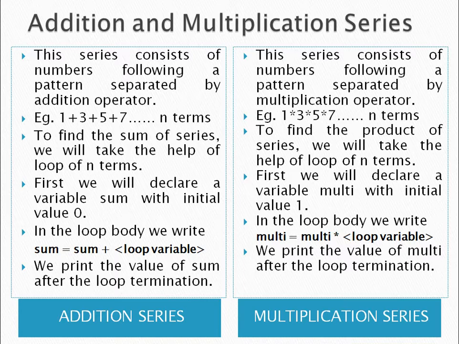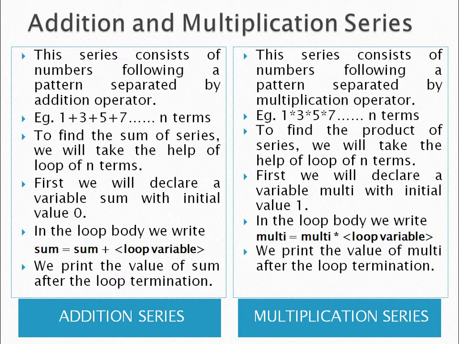So the addition and multiplication series, these are two types of series. Okay, so let us first see the addition series. The addition series will consist of numbers that will follow a particular pattern, and those numbers are separated by addition operator. For example, the series is 1 plus 3 plus 5 plus 7 up to n terms.